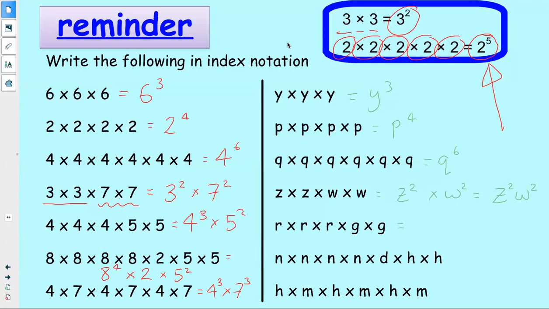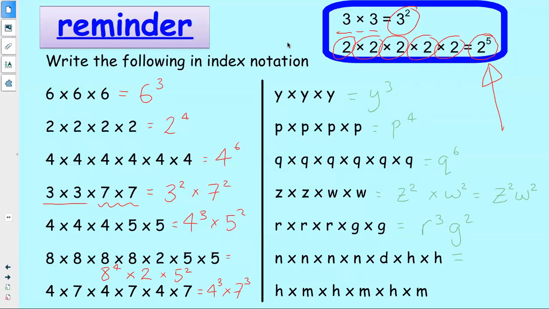Next one, so going with that, we're going to write r cubed g squared. Remember, you don't have to write that multiplication in the middle, but that multiplication is there. It means r cubed multiplied by g squared, which means r multiplied by r multiplied by r multiplied by g multiplied by g.